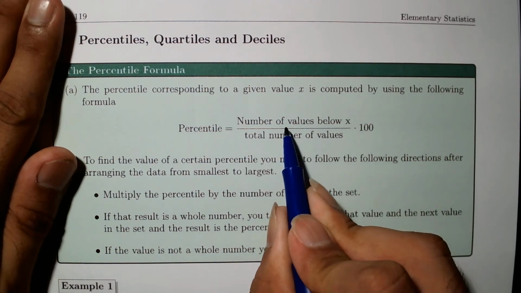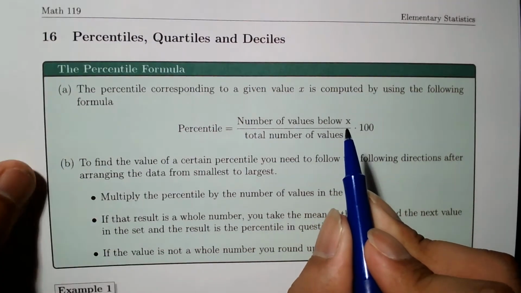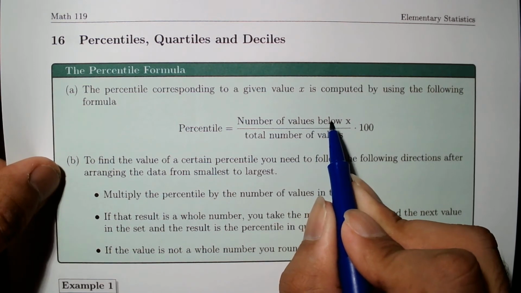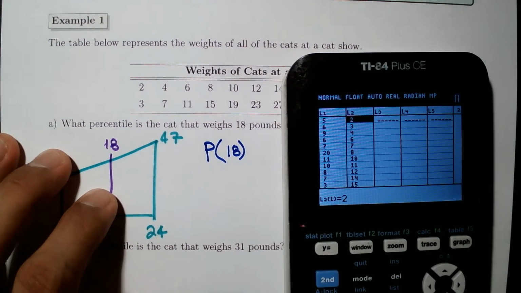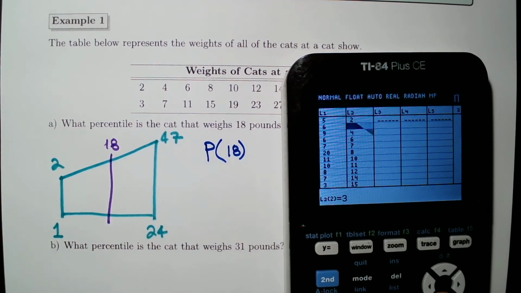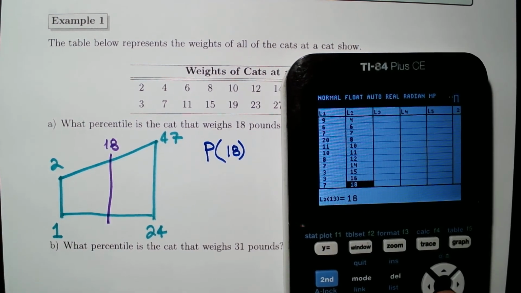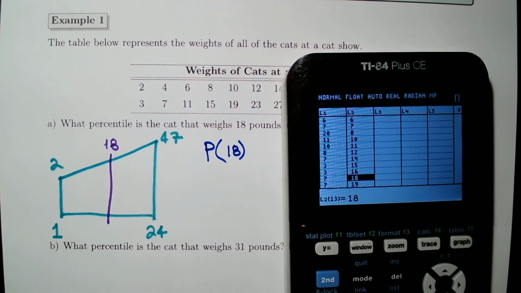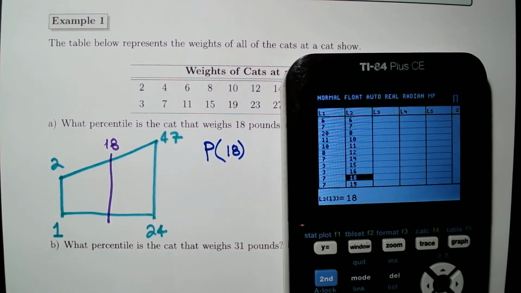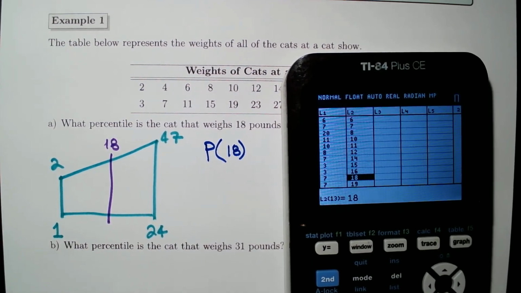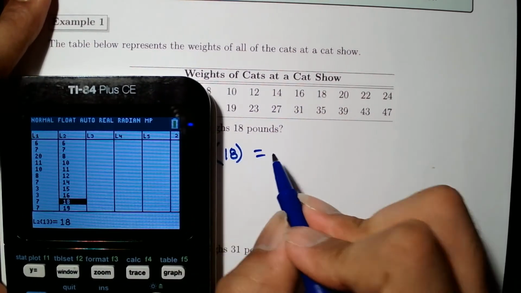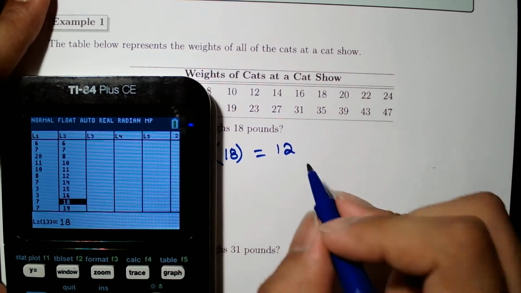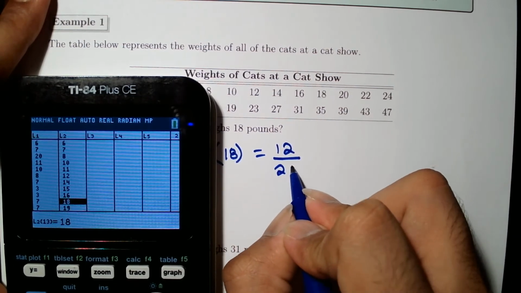Okay, so going with the formula, number of values below x, that is how many values are below 18. I'm going to go all the way to the number 18, and the number 18 is 13th, right? However, how many values are below? There are a total of 12, and in this case it is divided by 24.